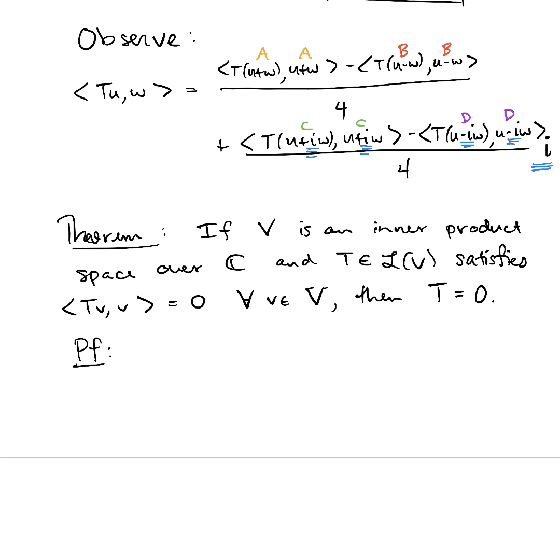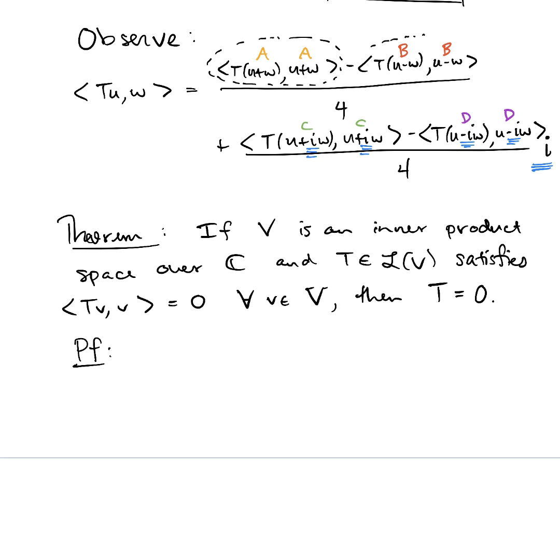The reason is in our funny little arithmetic fact. Looking back at that equation, if your operator T satisfies inner product TV with V is 0 for every vector, well, then this would be 0, because that's T thing, comma thing.